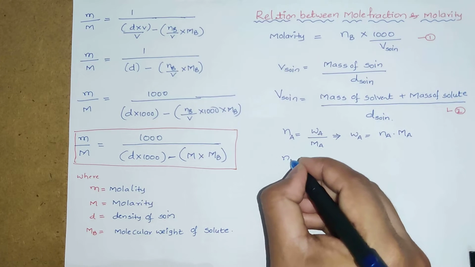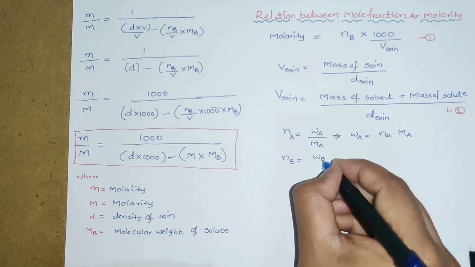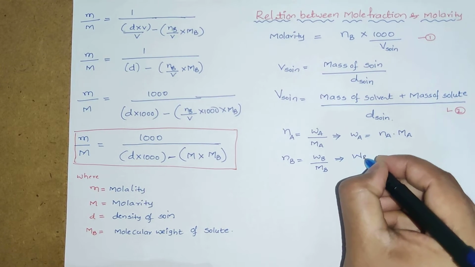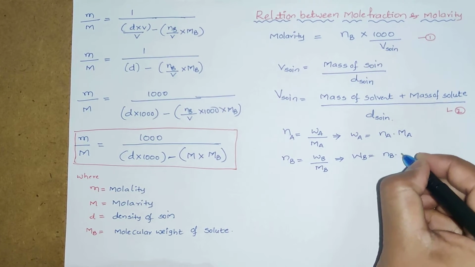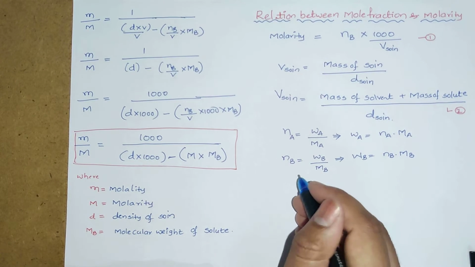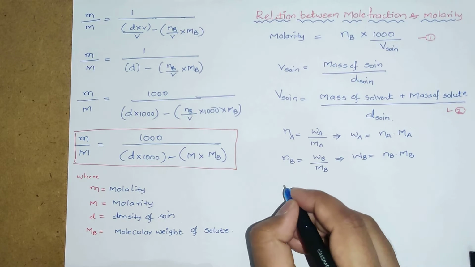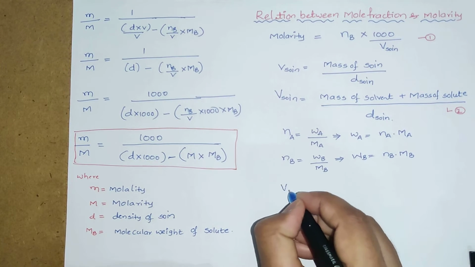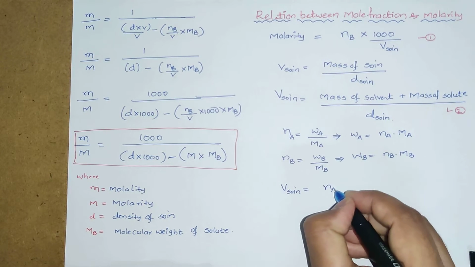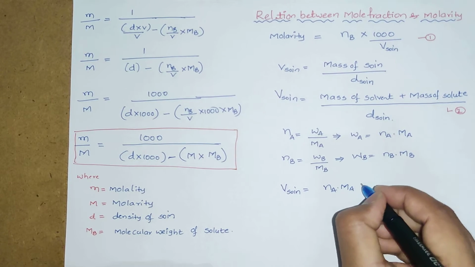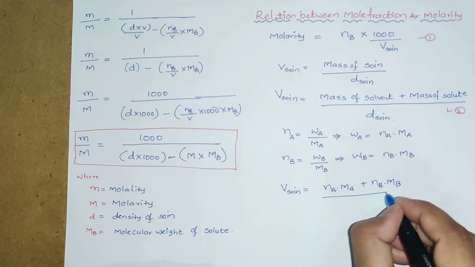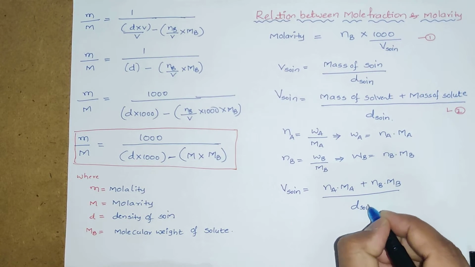Similarly, for solute, Nb is equal to Wb by Mb, then Wb is equal to Nb into Mb. These two values you can substitute in the above equation, then volume of solution is equal to Na Ma plus Nb Mb by density of solution.